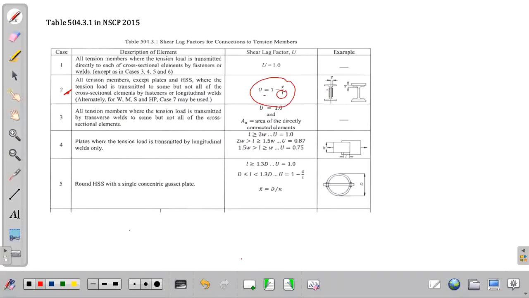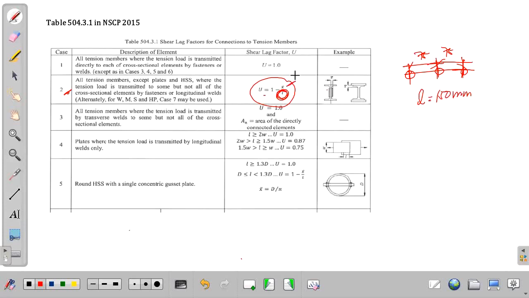So L is given. What is the value of our L? I discussed in our introduction to tension members that the value of L is the center to center distance between both end bolts. So given in the problem, that is our bolt line. We have 75 here, we have 75 here, right? So our value of L is 150 mm.